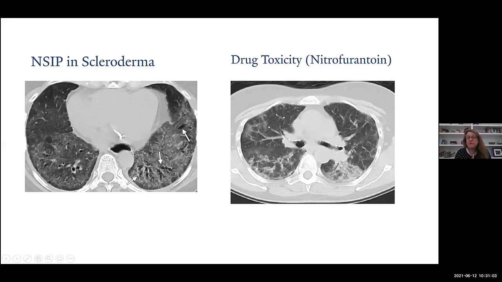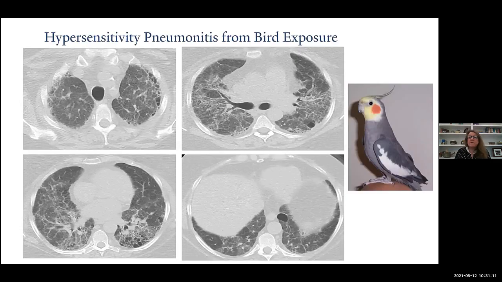And similarly over here, this is what it looks like when there's drug toxicity, where certain drugs can affect the lung and cause inflammation and scarring. This is something called hypersensitivity pneumonitis, where you can also see that there's honeycombing for this patient. You can see some cysts in the lung here, but this is the upper part of the lung, and these are the lower parts down here on the lower fields on the screen.